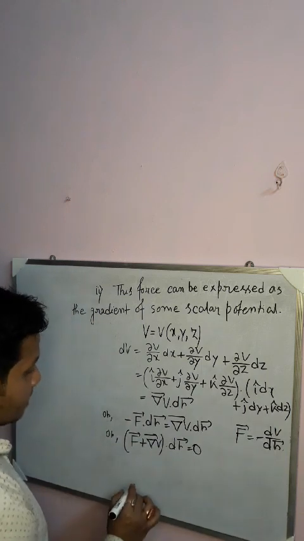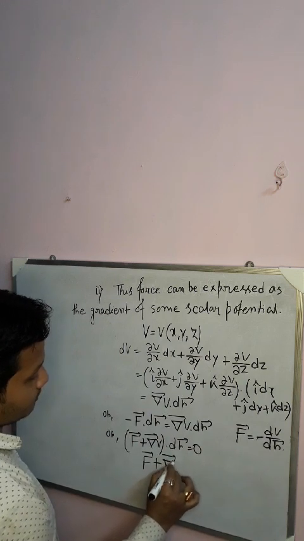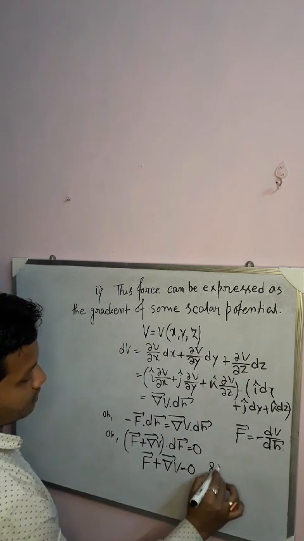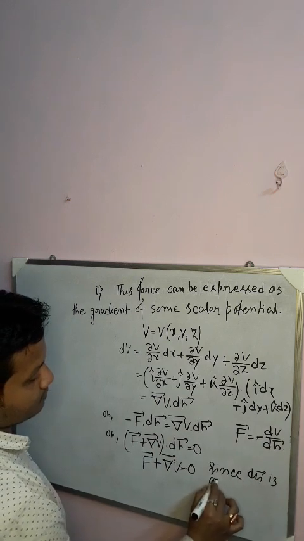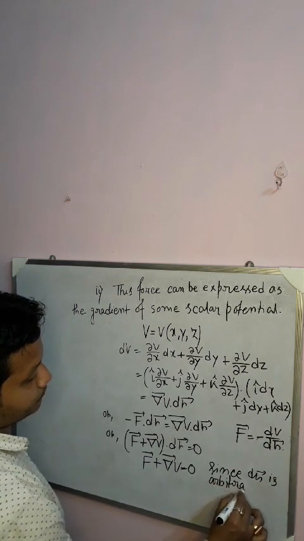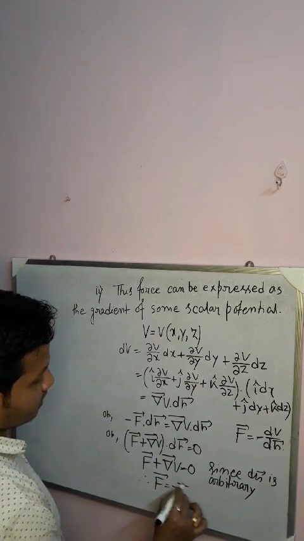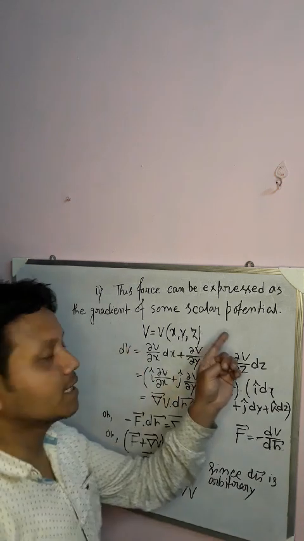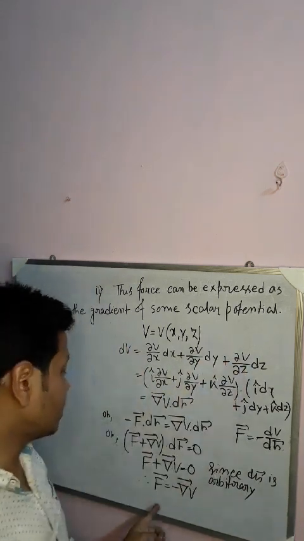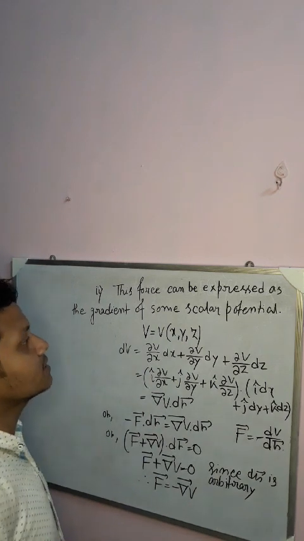So you can write F plus del V is 0, since dr is arbitrary. So F equals minus del V. So the central force can be expressed as the gradient of some scalar potential, say F equals minus del V or minus del phi. So this is the second property.